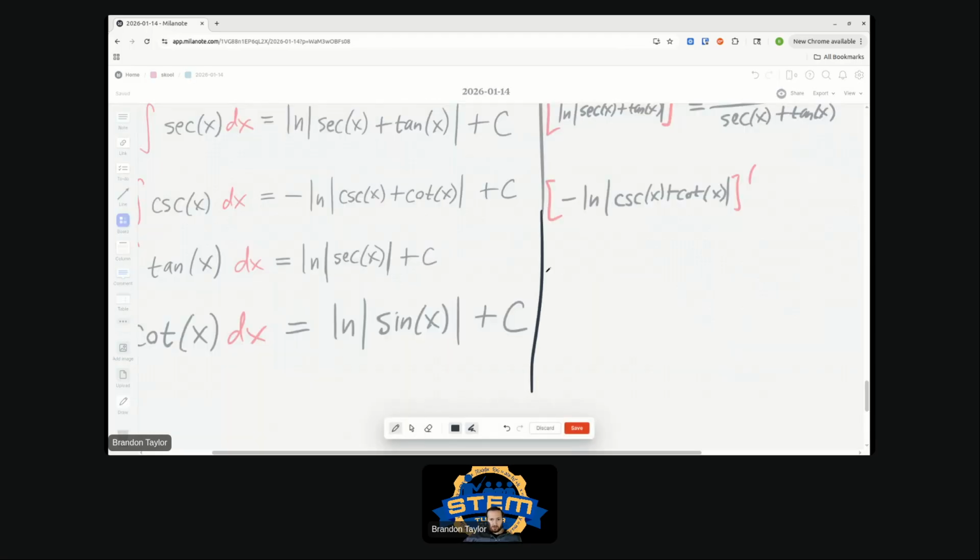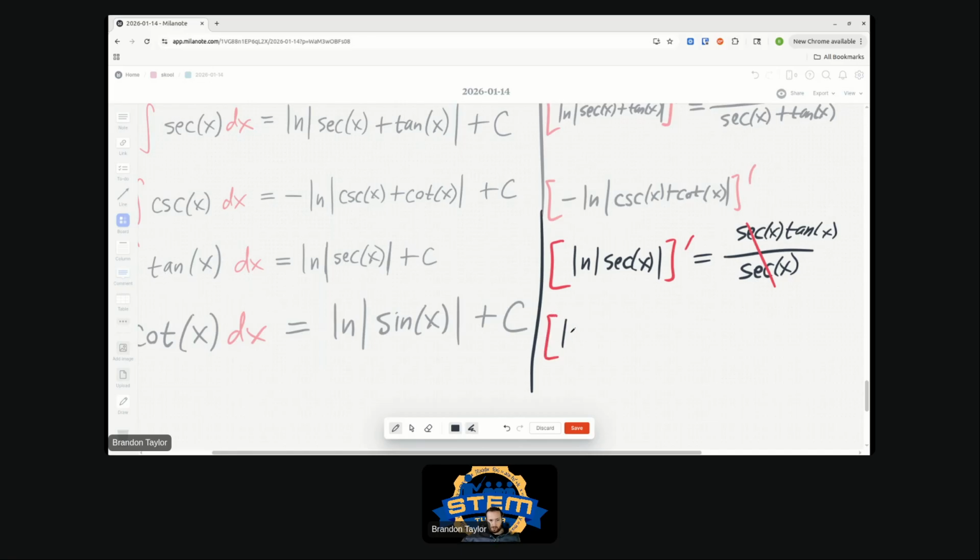And then with these last two, these are slightly different. So here, if you take the derivative of natural log of secant, 1 over something, what's something, secant, times the derivative of the inside, secant tangent. Secants cancel out to give you just tangent. That checks out.